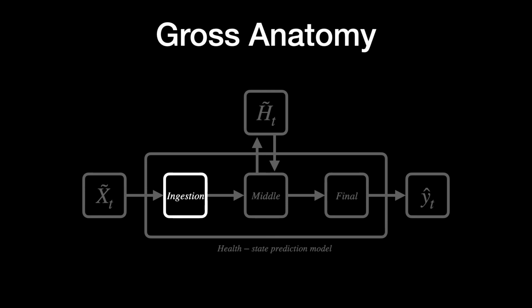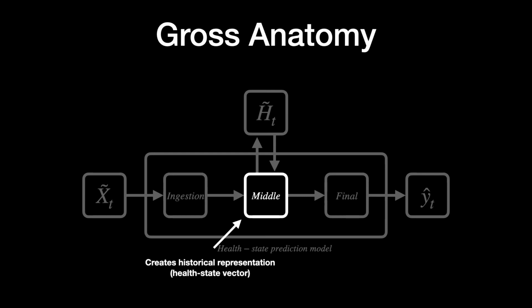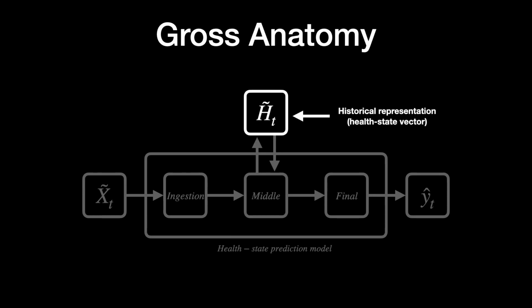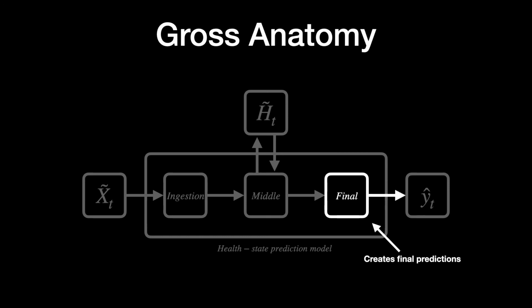Ingestion takes high dimensional data and then brings it down into a lower dimension using a concept called word embeddings. We have an x double tilde of t, which is then passed to the middle. Middle makes a history representation, which is stored and passed back at the next time step. It's passed to final. Final will produce the final prediction, as well as any auxiliary predictions you'd like.